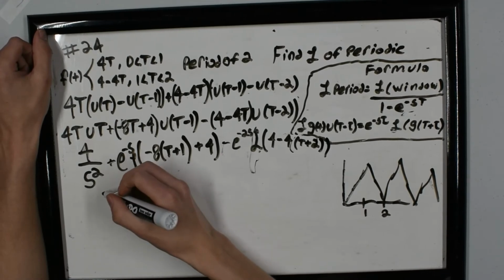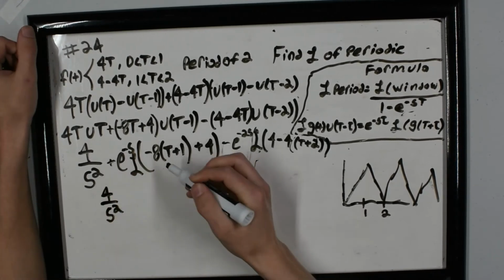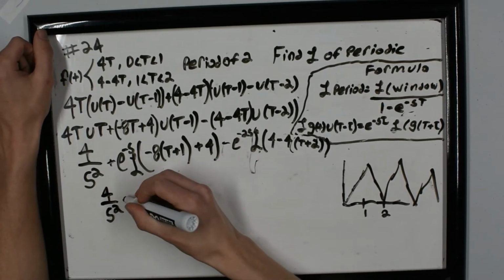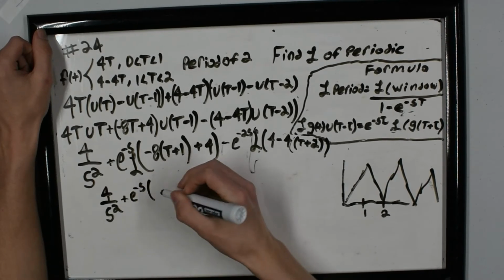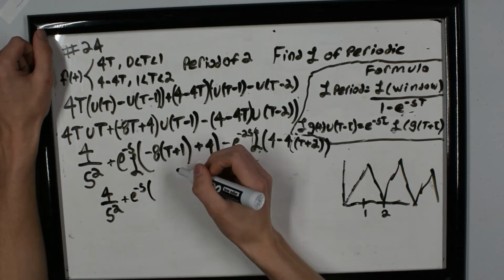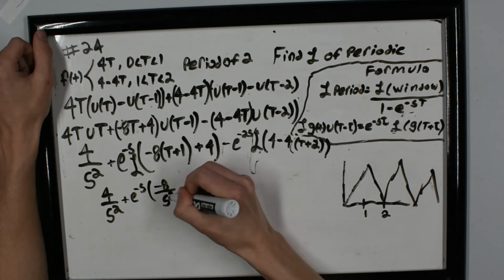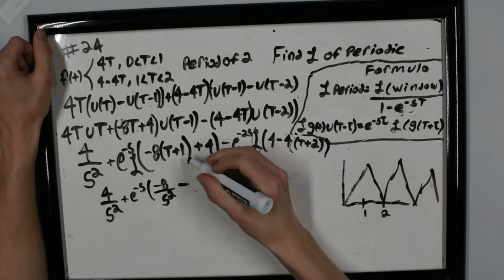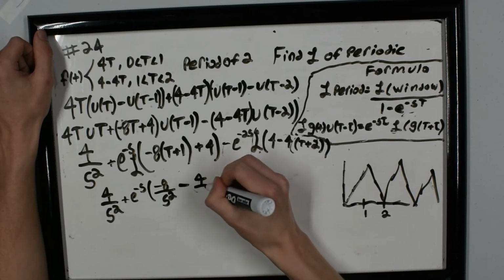So we have 4 over s squared. When we distribute that negative 8, we're going to get plus e to the negative s, negative 8 over s squared, minus 8 plus 4, which is negative 4, so minus 4 over s.